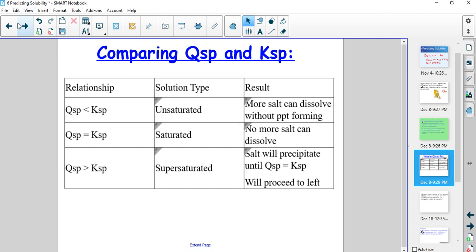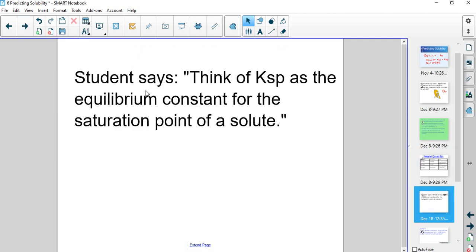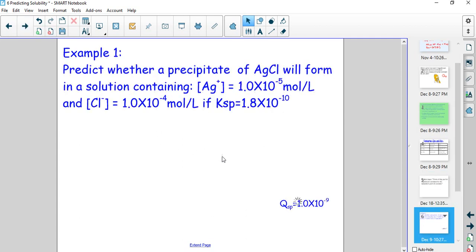Okay, so those are our three scenarios. A student said, referring specifically to KSP, you can think of KSP as the equilibrium constant for the saturation point of a solute. I thought that was really well put. I'll keep that student's identity anonymous, but I thought I should share that with you. Okay, first example.